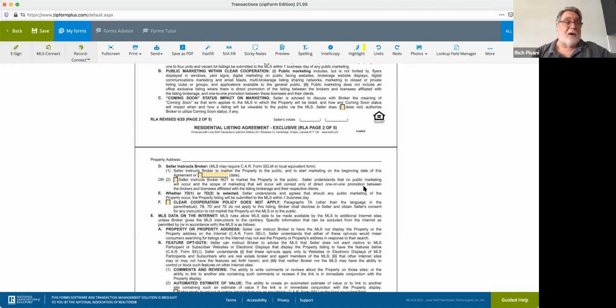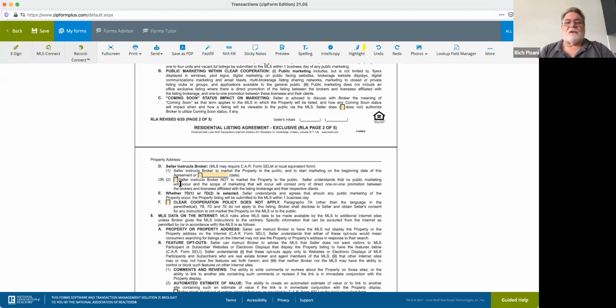And CRMLS requires that you have a signed agency disclosure. CRISNet requires that, and also the MLS, which is CLAW, requires that you have had either a former listing, a former lease, a former offer written, some sort of thing that shows a substantial relationship.